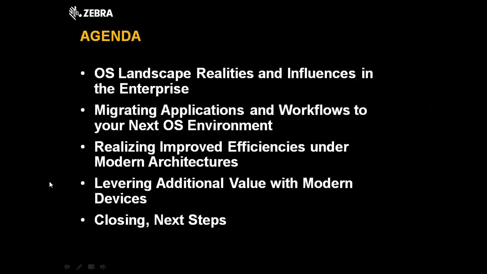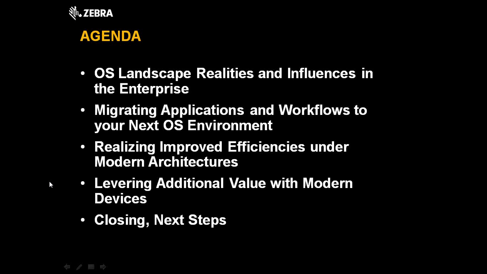Really what we're going to do today is talk about what this crossroad means. What is defining this crossroad in terms of the OS landscape and the realities and influences of that landscape in the enterprise, and how we execute on that for our enterprise customers, knowing that a change is going to happen. What are some of the best strategies out there for taking existing applications and workflows and migrating those to a new operating system environment?